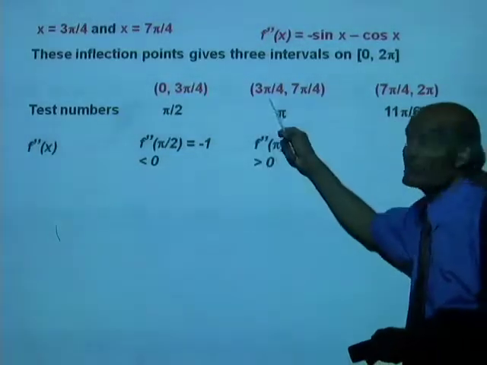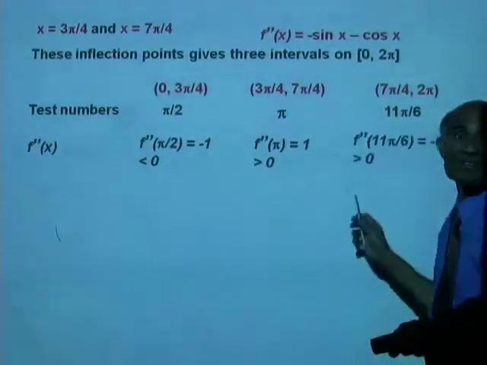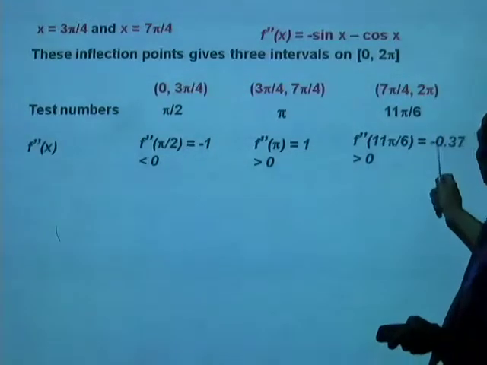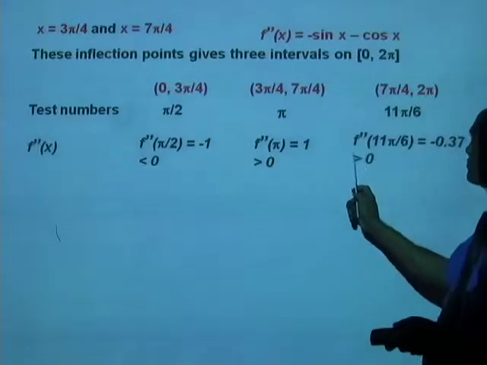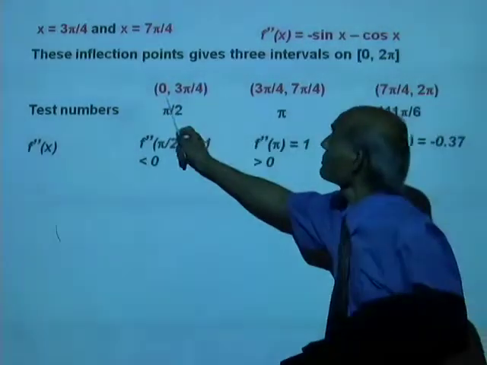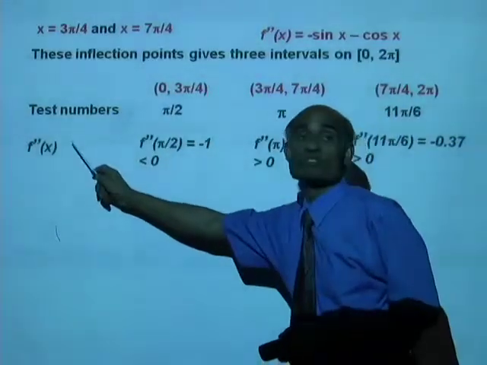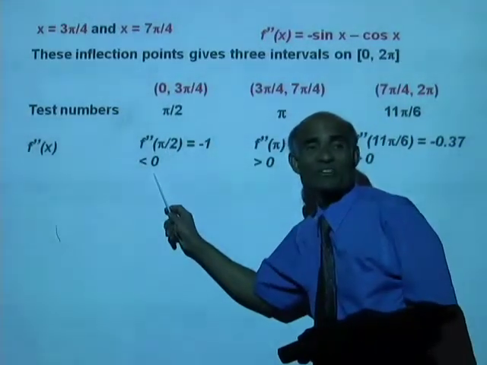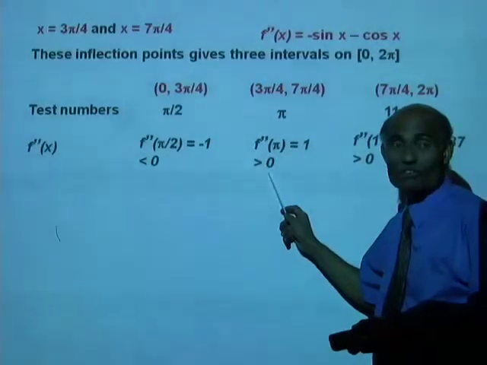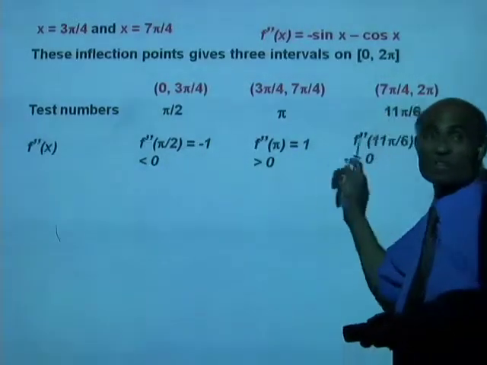It is positive on this interval. And is it positive? No, it is negative. So you must correct this to less than 0. So from 0 to 3 pi by 4, the second derivative is negative. From 3 pi by 4 to 7 pi by 4, the second derivative is positive.